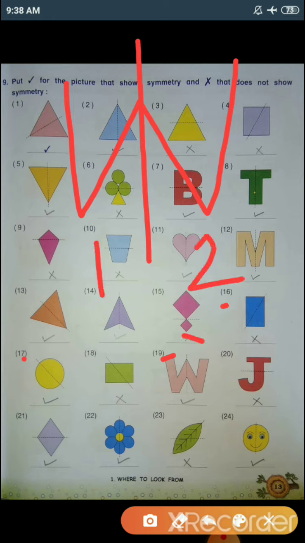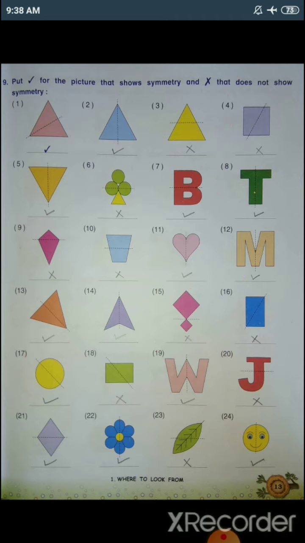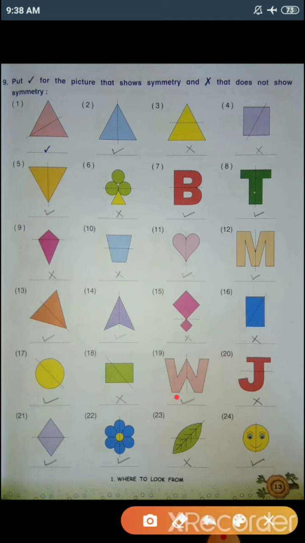So you can see that both the parts look the same. Okay, that means this shape shows symmetry. So we'll just put one tick below the letter. With the help of this method, you can solve questions number 20, 21, 22, 23 and 24 by yourself.